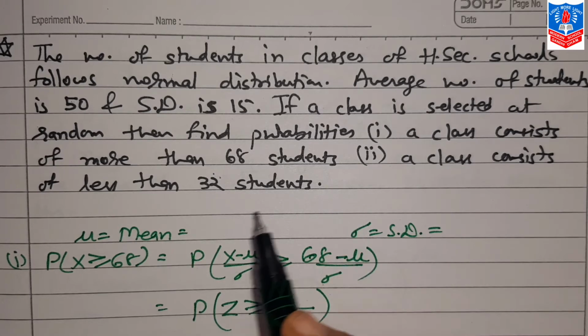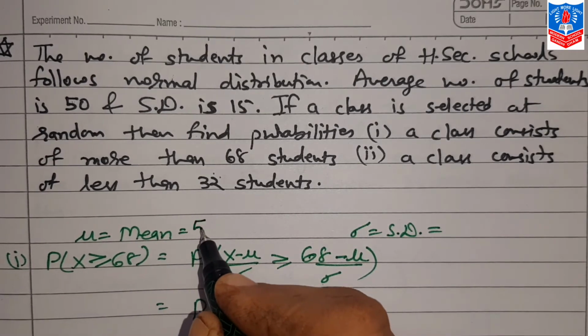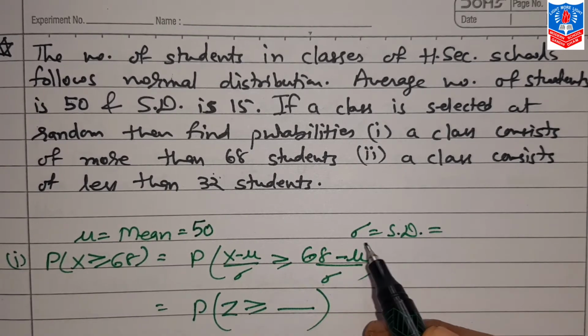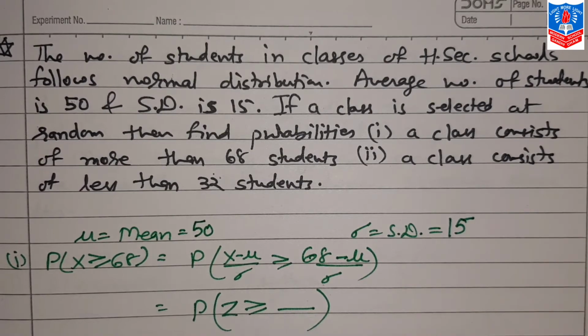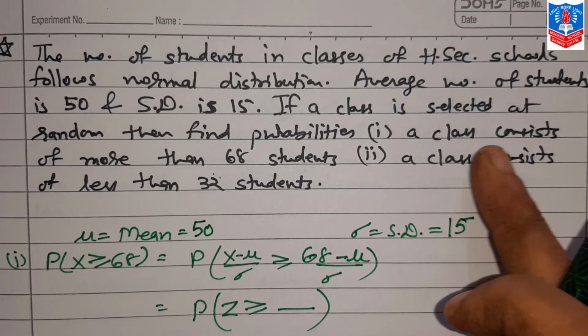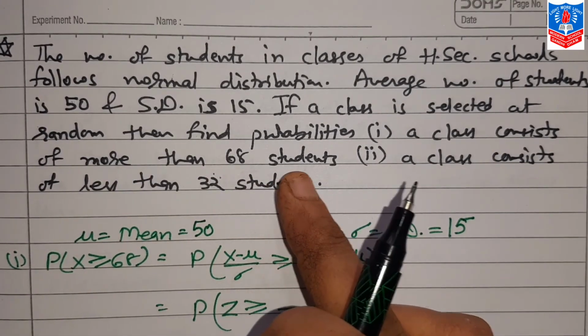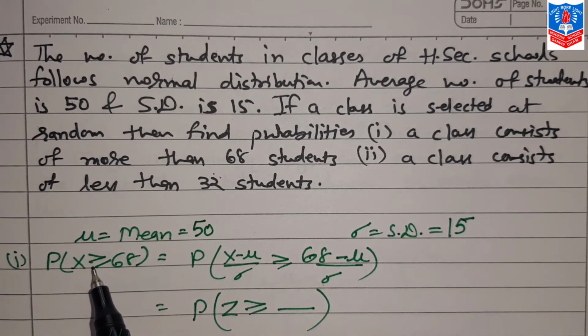Now in this question mu is given as 50, while standard deviation rho is given as 15. First we are supposed to find a class consists of more than 68 students. Now value of x is greater than or equal to 68. Now this we are supposed to find.